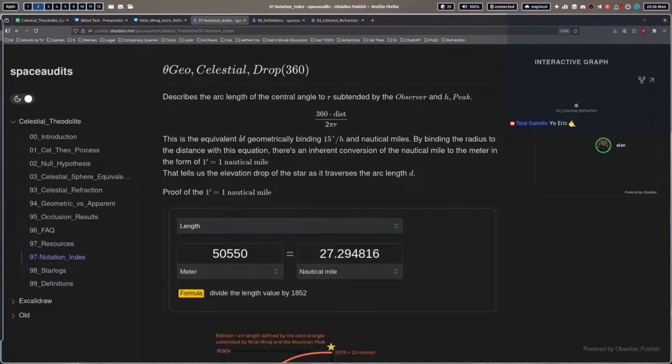Okay, so this is the angular equivalent of binding 15 degrees per hour and 60 nautical miles per degree. By binding the radius to the distance in this equation, there's an inherent conversion from nautical miles to meters, in the form of 1-to-1 arc minutes to nautical miles.